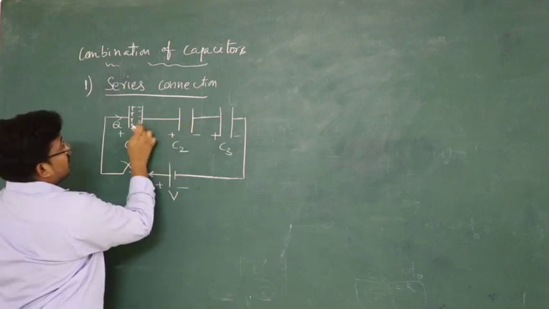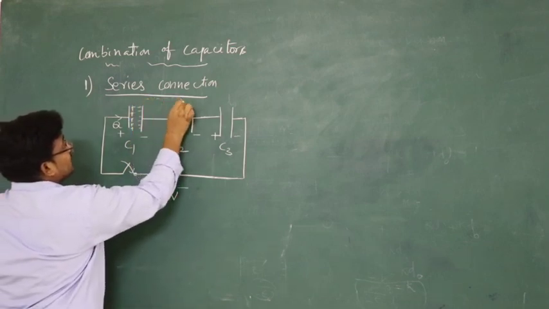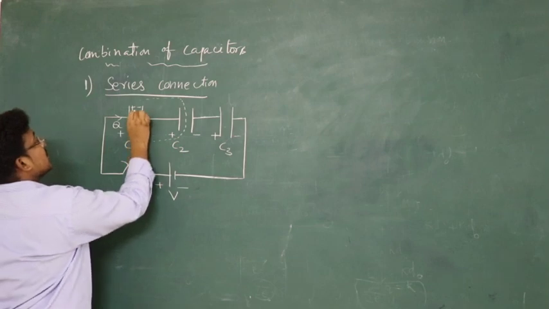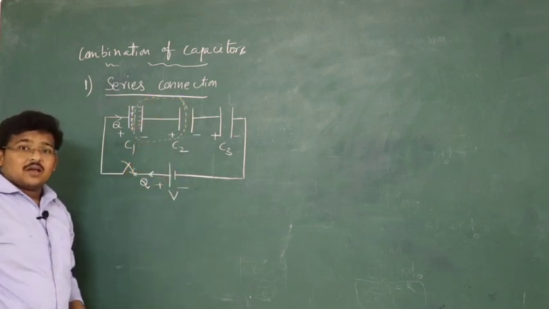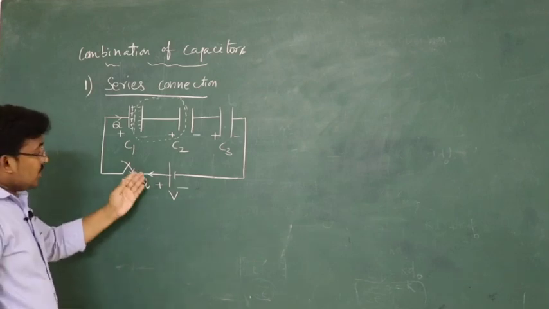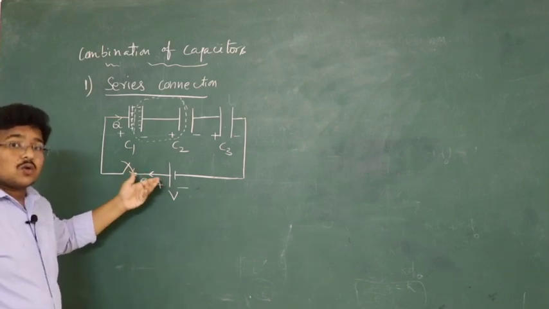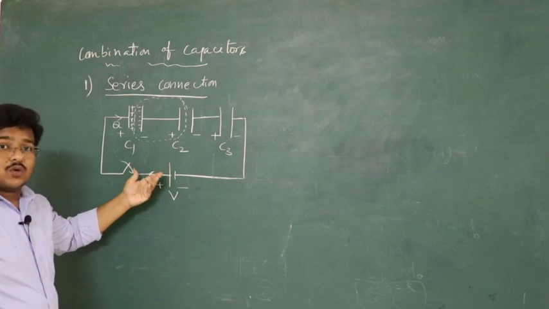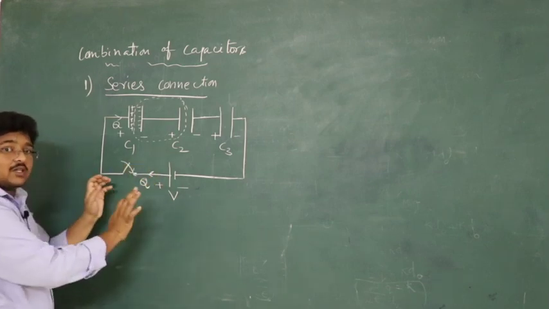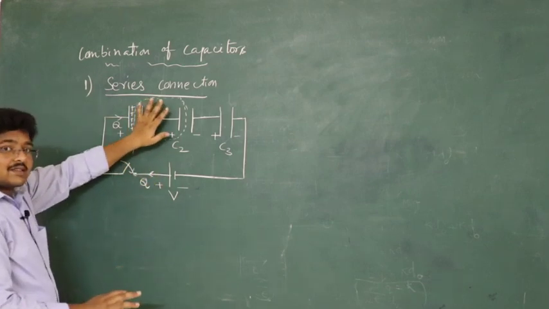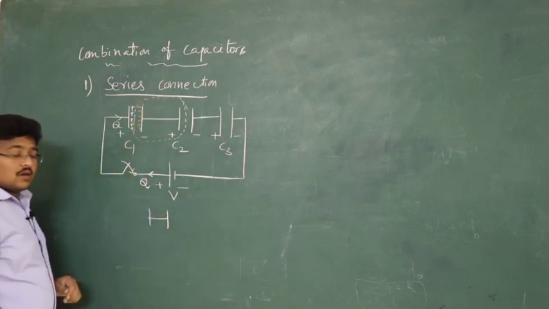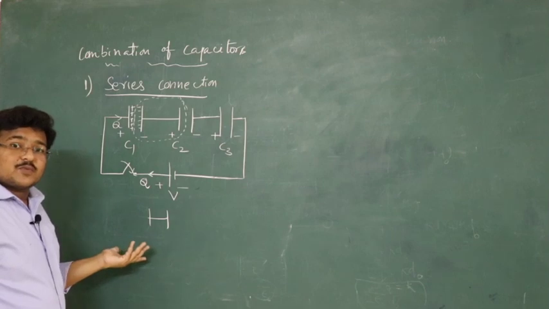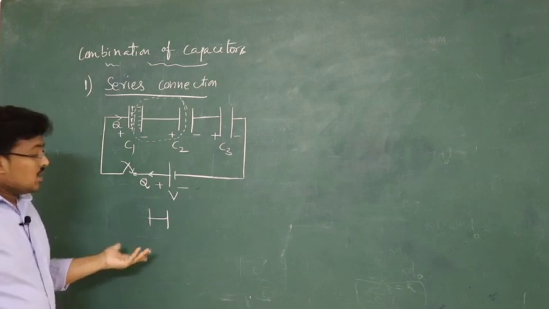And now as these two plates are connected by the conducting wire, initially when the switch is not closed, meaning the battery is not providing the charge, the total charge is 0, no charge is present on that, so net charge is 0.